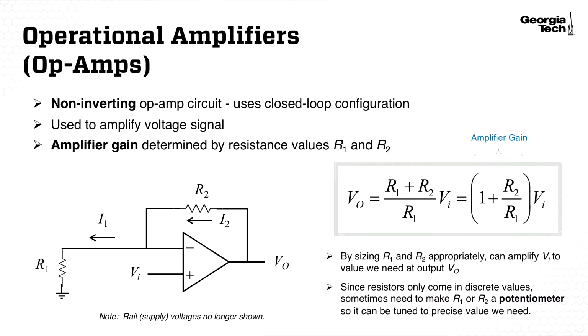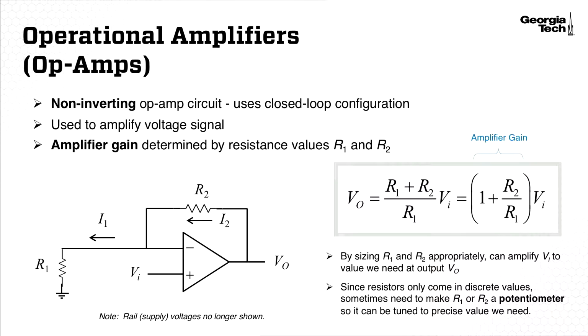The amplifier gain is shown on the right-hand side of this slide and is 1 plus R2 over R1. By sizing R2 and R1 appropriately, we can set that amplifier gain to whatever value we want within certain bounds.